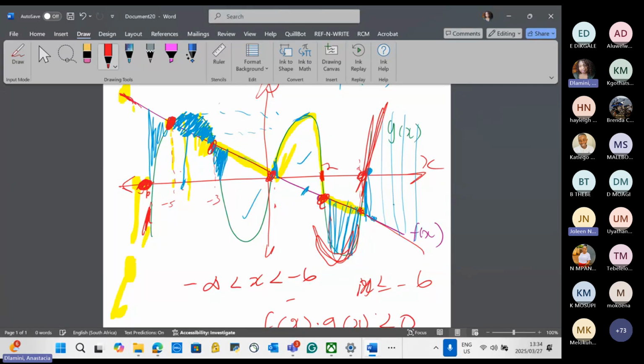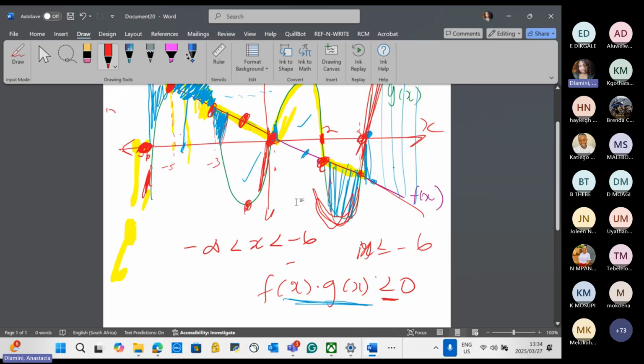Then you check: this one is negative, this one positive, so negative times positive gives me negative. So from here to here, and this is included because remember the 0 is included. I think I have made it clear. Otherwise, you can always ask later. I think we are all sorted now on how we read this from the graph, guys.